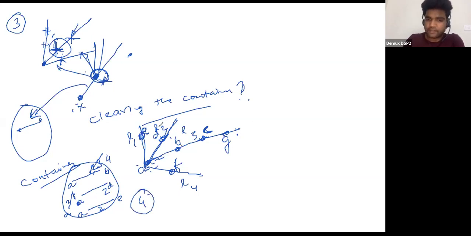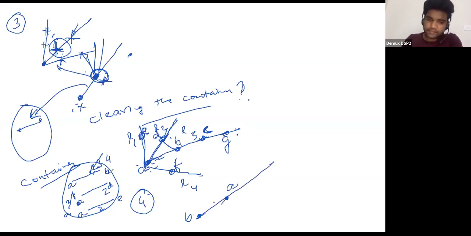Now the problem with this is when you are enumerating B, what will be the scenario? Let's say there is one more line passing through B. Let's say B and D are connected. That's it. So now when you are enumerating B, you will consider A also first, and you will generate a line with B as the point and A as the point.